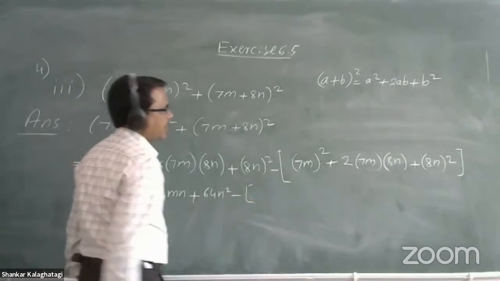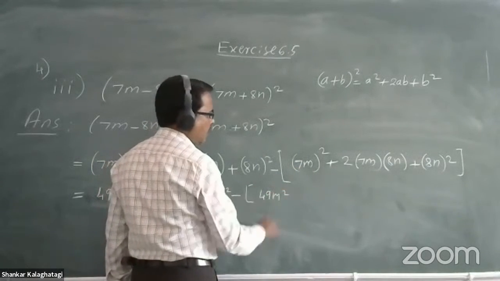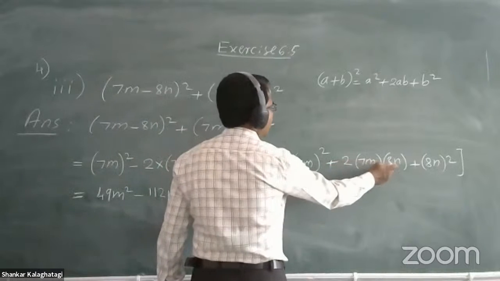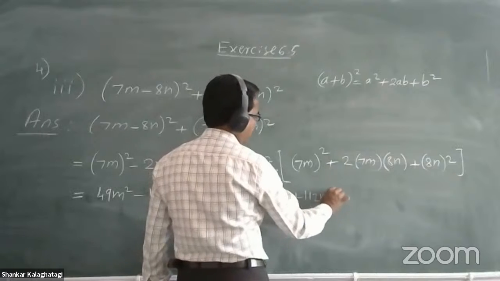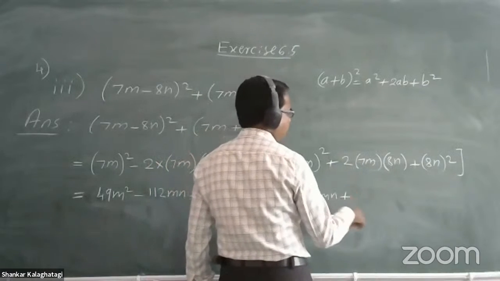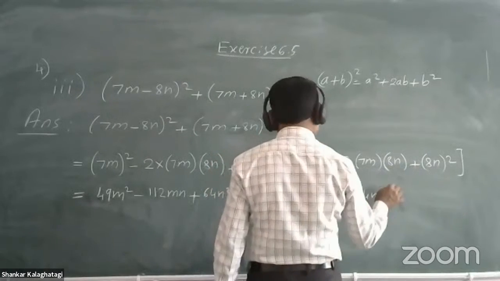Minus inside the bracket: 49m^2, plus 112mn, plus 64n^2.